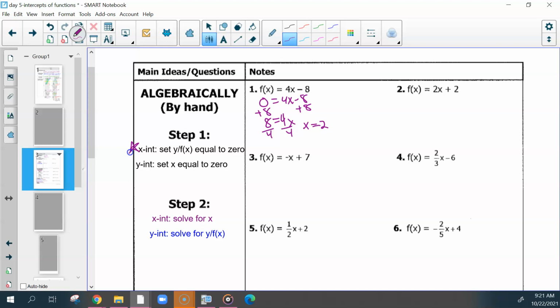So make sure this still says 2, 0. So anytime you're looking for an x-intercept, set your equation equal to 0 if it's in this format, and solve.